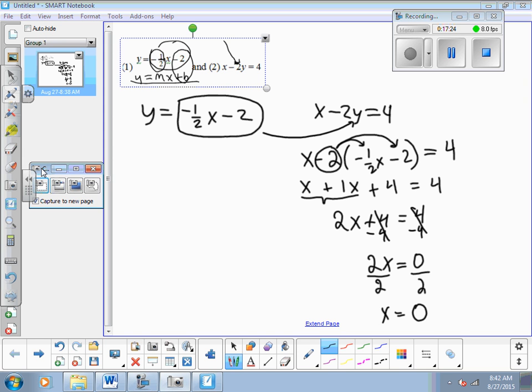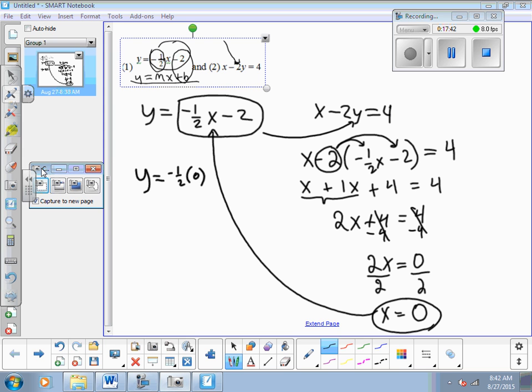Yeah? Now, if x is 0, put x into the other equation now. And do you notice you already know what the y value is? I don't even really need to write it, but I know. Yeah? That's just y equals negative 2.